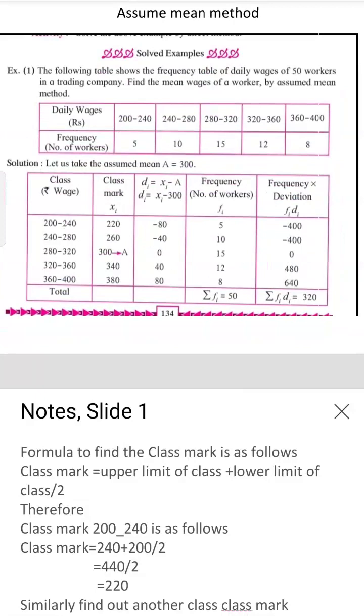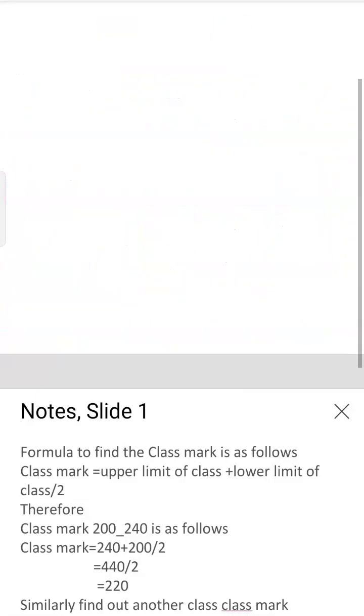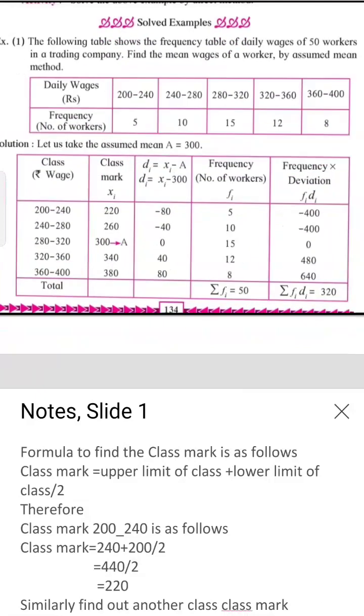First prepare the table. In that table, first draw 5 columns. In the first column, write the class, that is the daily wages in rupees. Second is the class mark. Third is di, that is the deviation. Deviation is found by the formula xi minus a. Then the fourth column is frequency.